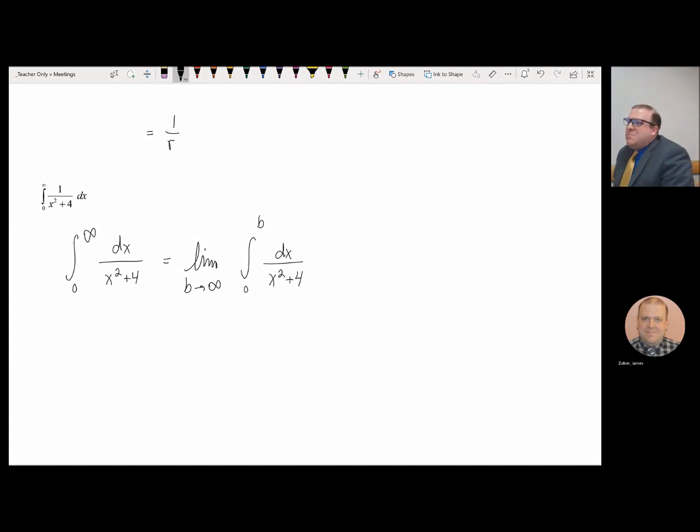So I'm going to say this is the limit as b approaches infinity of the integral from 0 to b of dx over x squared plus 4.